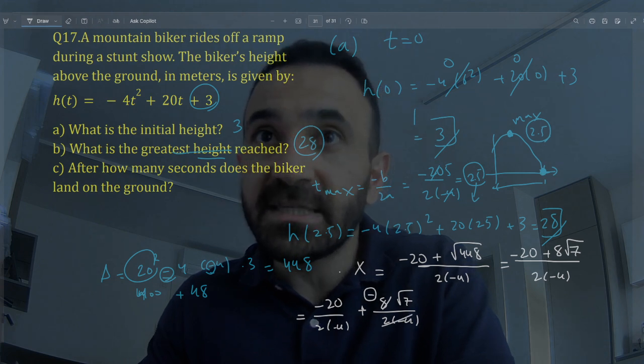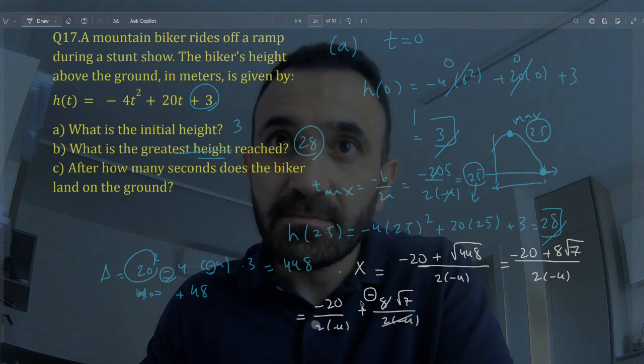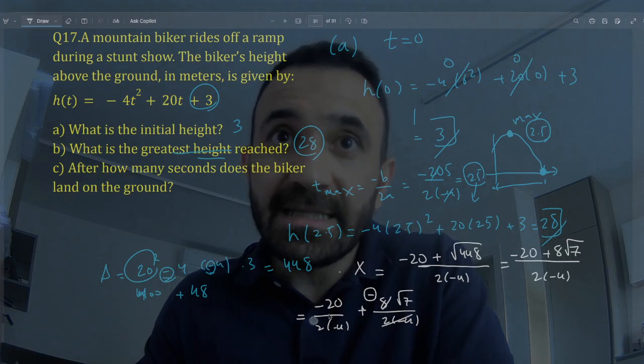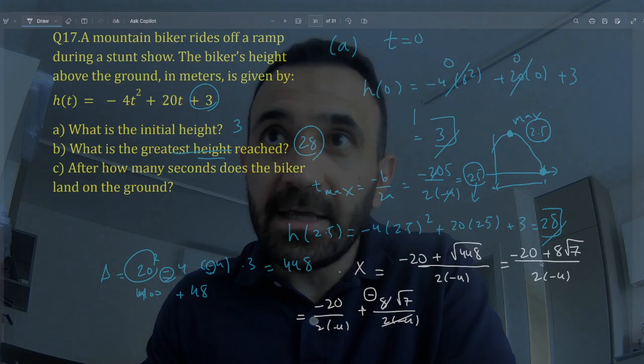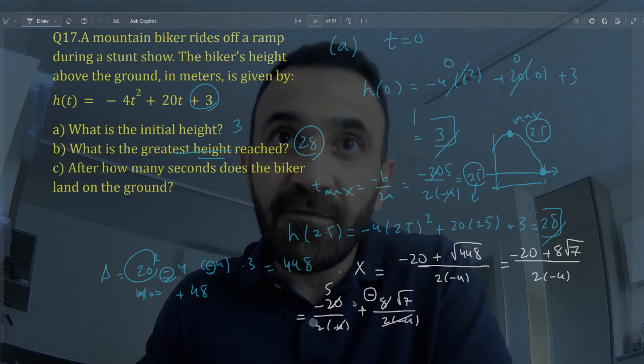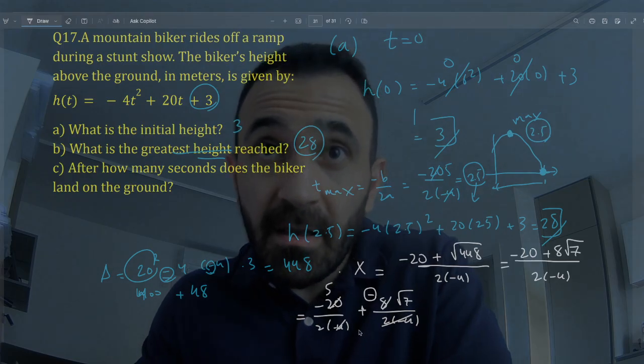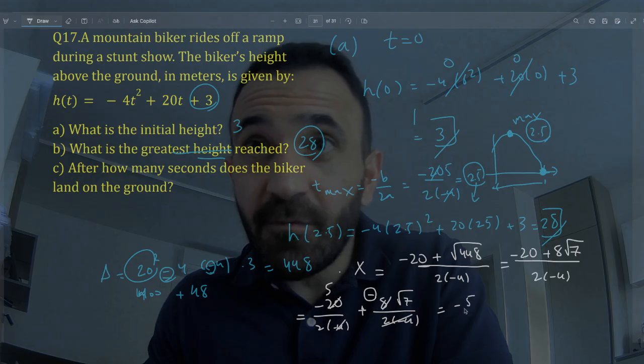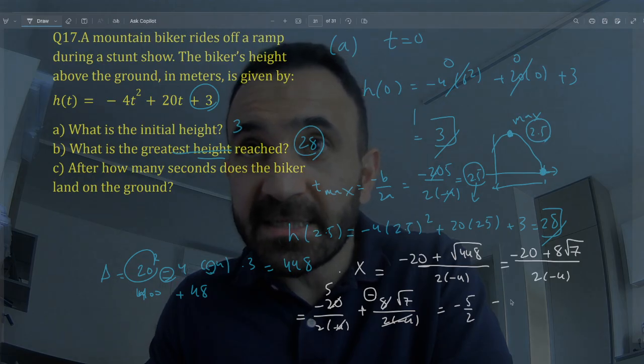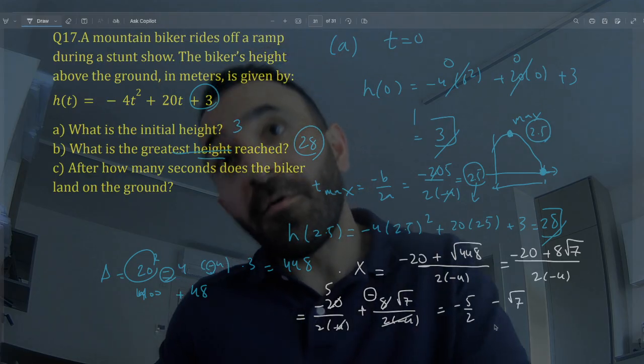You're going to have a minus here. And 20 and 4 cancel each other out, giving 5. So it's going to be minus 5 over 2, minus square root of 7. This is one of the answers.